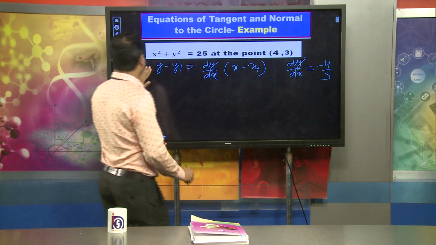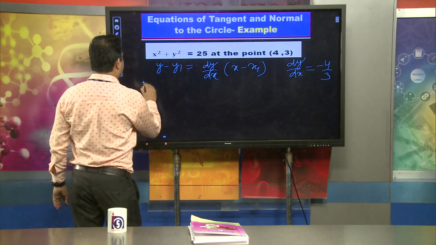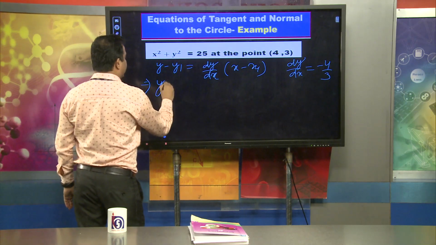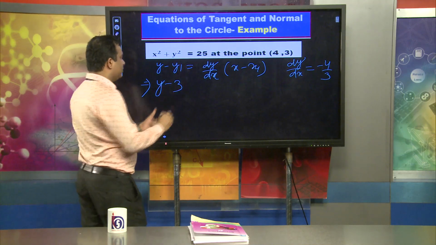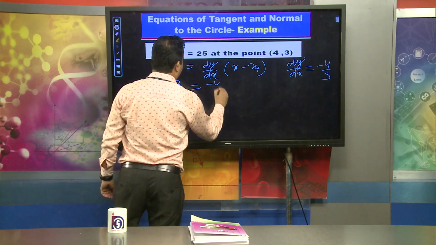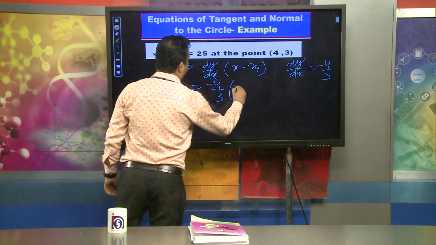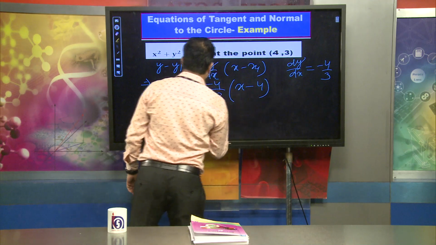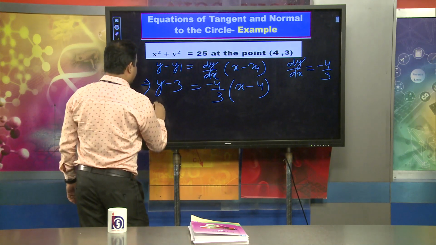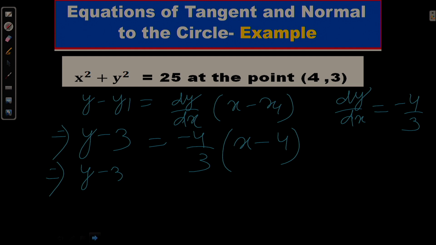So, I can write y minus 3, because y1 equals 3, equal to minus 4 by 3 into x minus 4, because x1 equals 4. Multiplying by 3, y minus 3 into 3 equals minus 4 into x minus 4.